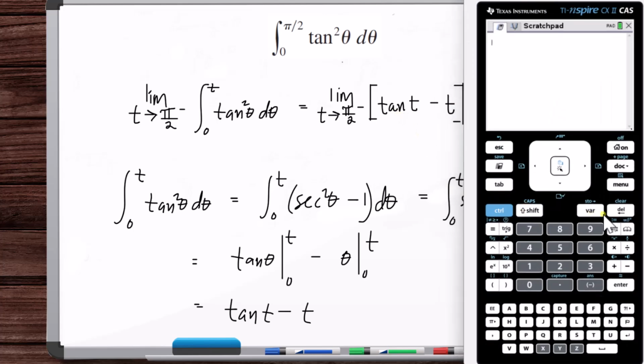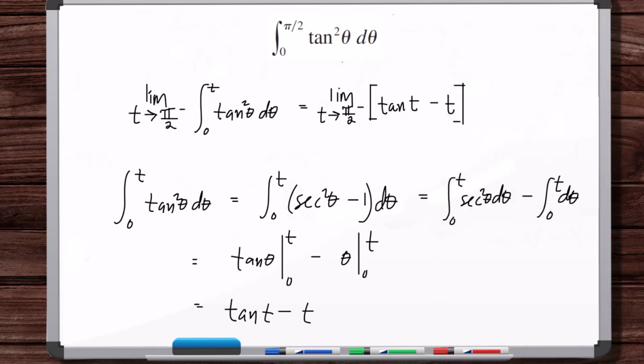Let's make sure. Yeah, infinity minus pi over 2. So this is just infinity. This is divergent, diverges to infinity.